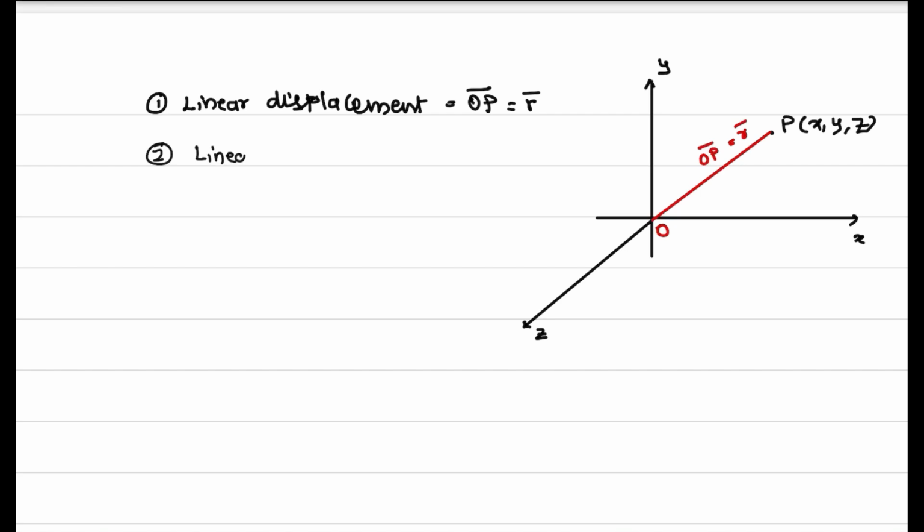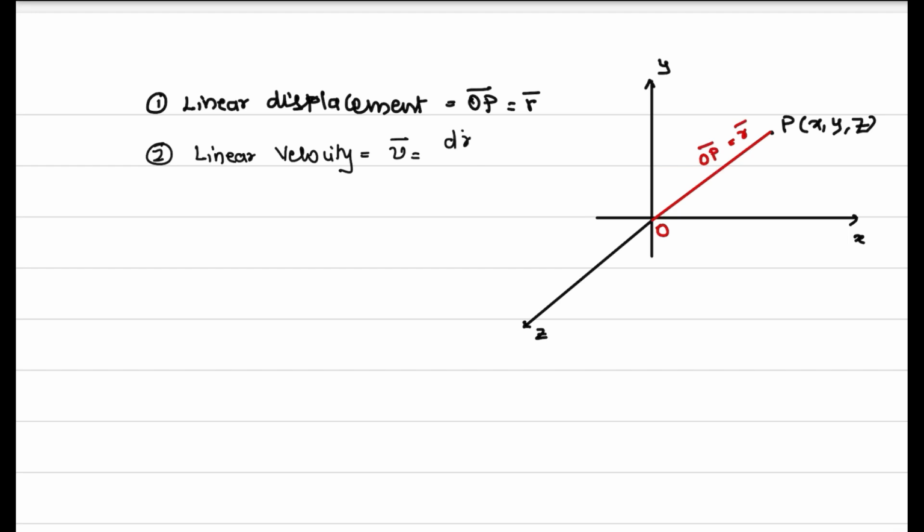Linear velocity is represented by v. That is also a vector. Whenever I put a bar on any quantity, that is a vector v. What is this vector? Rate of change of displacement.